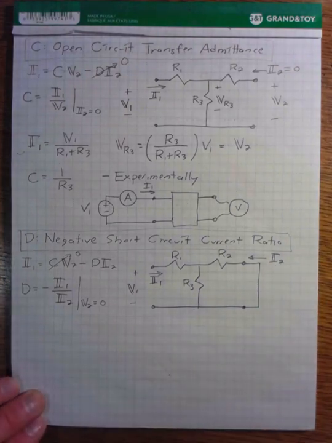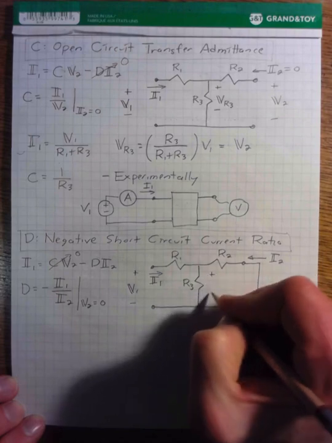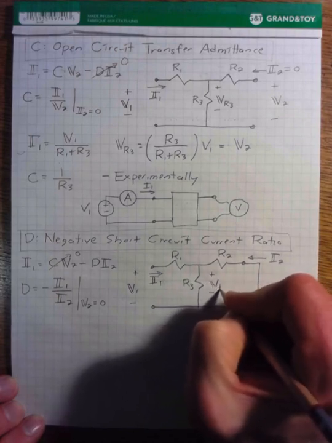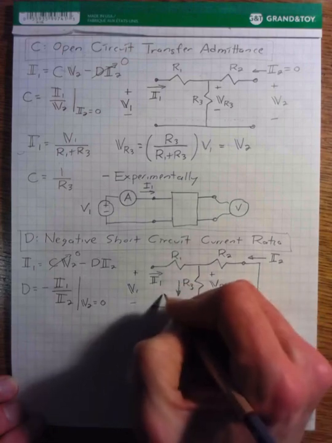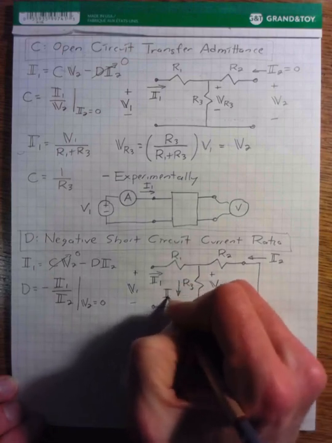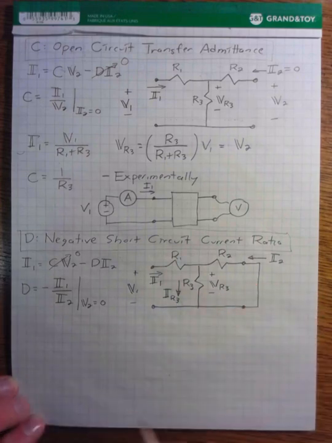And in this case, we've got to do maybe a little bit more analysis. Let's define the voltage across R3 as VR3. Let's define the current going through R3 as IR3.